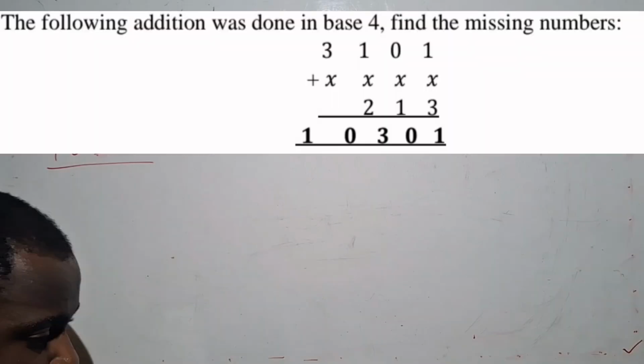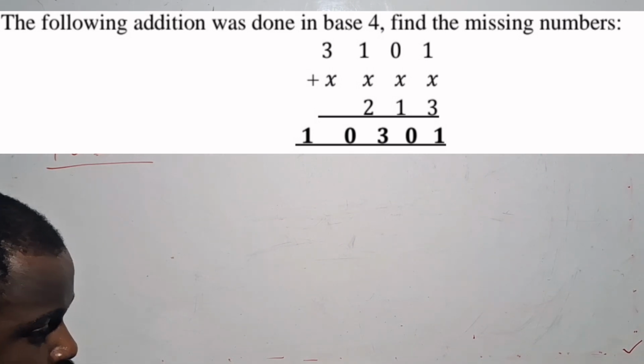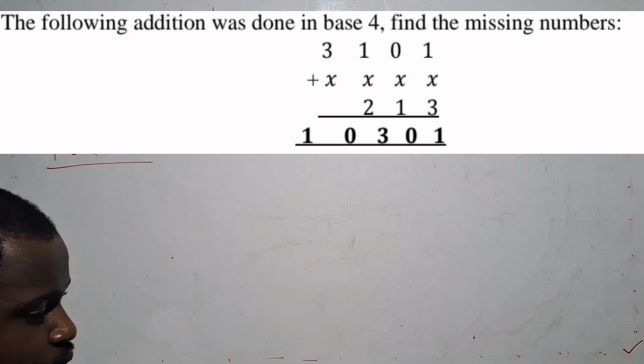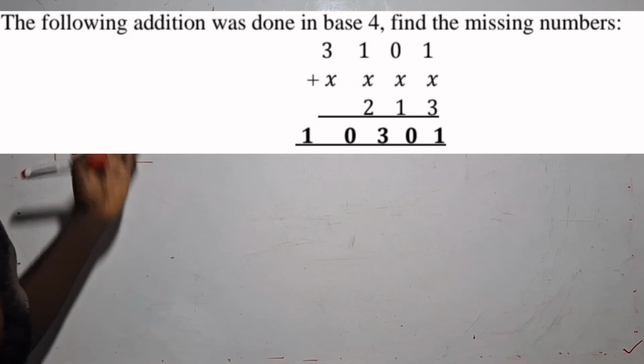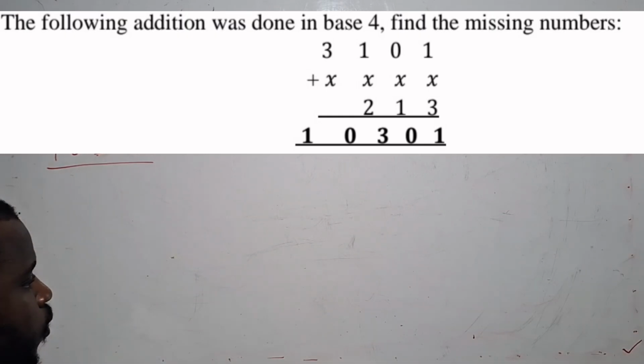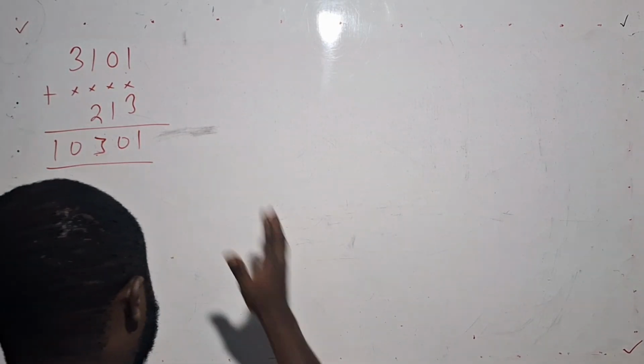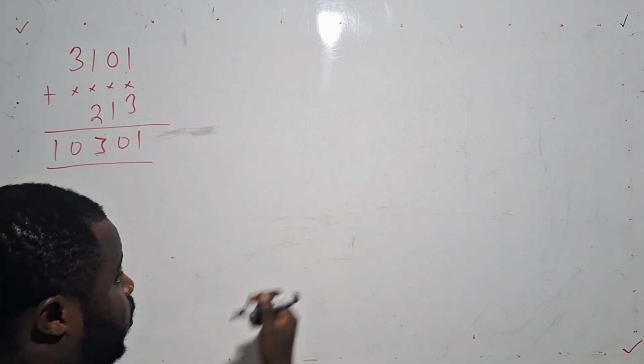This question says the following addition was done in base 4. Find the missing numbers. So this is an addition, and let's do this so that we apply the knowledge here.